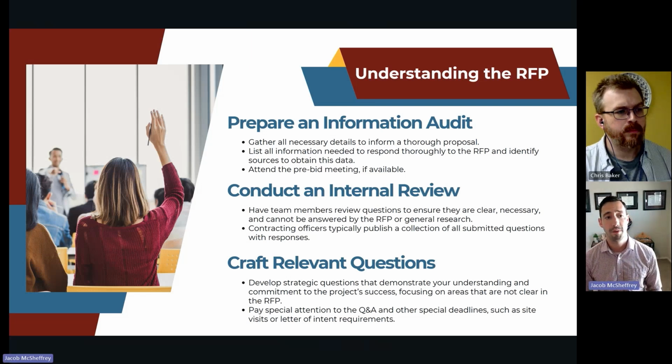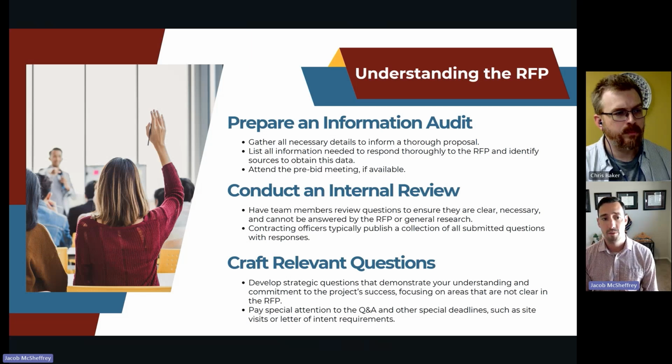Now, once you've read the RFP, you can do this first component here, prepare an information audit. So you're going to gather all necessary details to inform a thorough proposal. List all information needed to respond thoroughly to the RFP and identify the sources to obtain this data. And then attend the pre-bid meeting if available. We'll talk about that in a little bit, but you always want to attend a pre-bid meeting if one is offered.